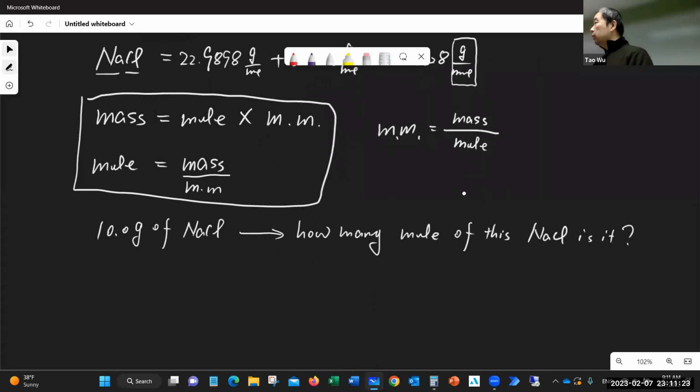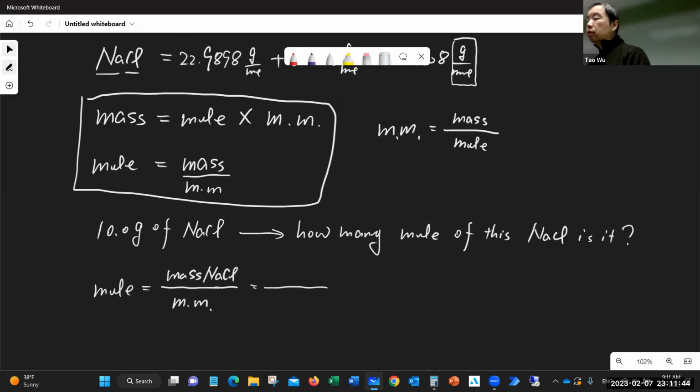All right, then what are we going to do? The mole should be equal to mass over molar mass, which means the mass of the sodium chloride divided by the molar mass of the sodium chloride.